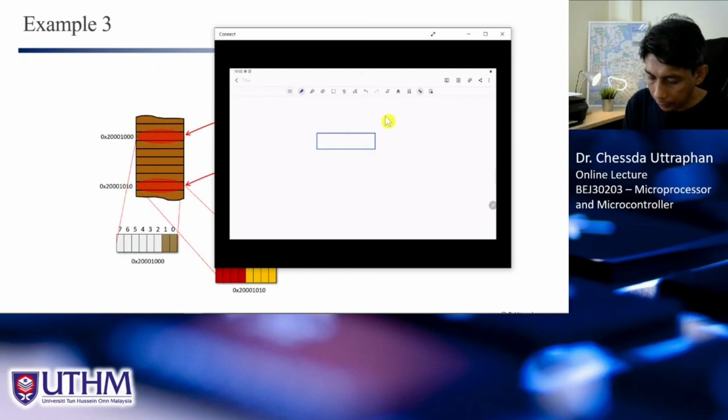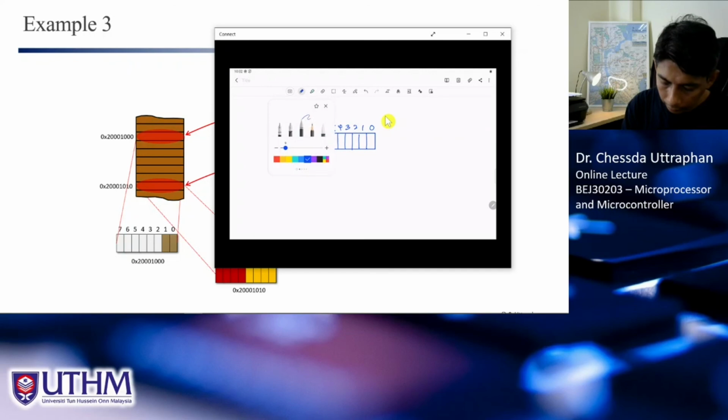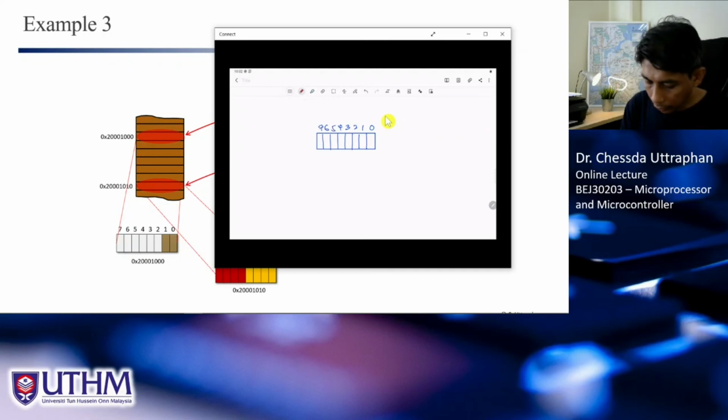We have bit number 0, 1, 2, 3, 4, 5, 6, 7. If all bits are 0, it means that the switch is not pressed.